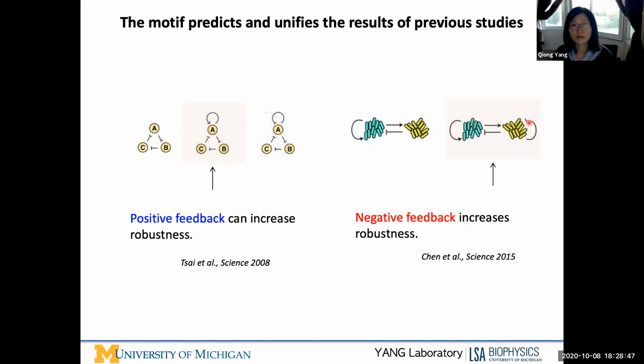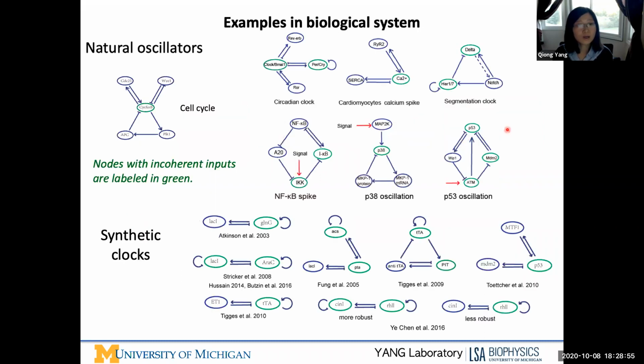And in this case, they need to add a self-negative in order to generate an incoherent input. Okay, so if you again do a survey for all the natural and the synthetic oscillators, you also find these seem to be enriched with incoherent input topologies, as I highlighted the node with green here.